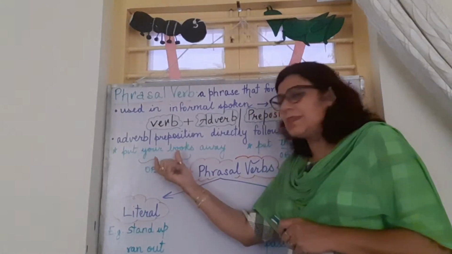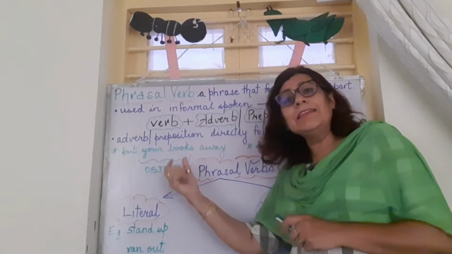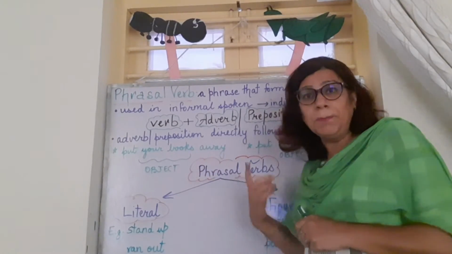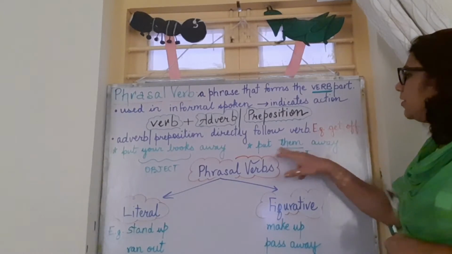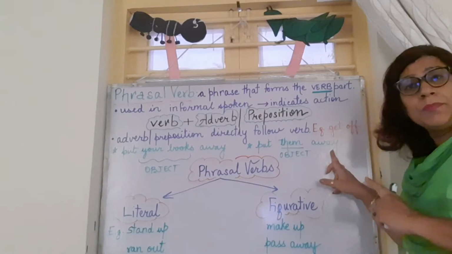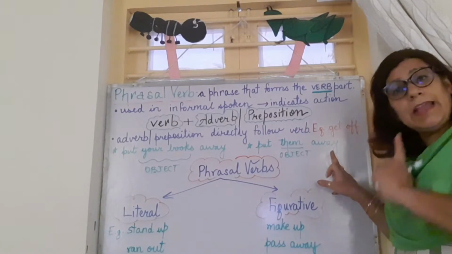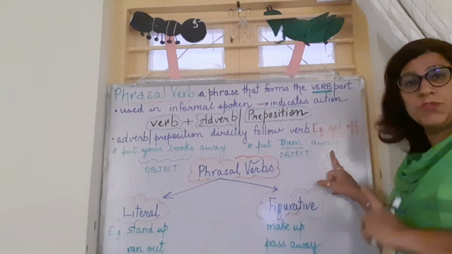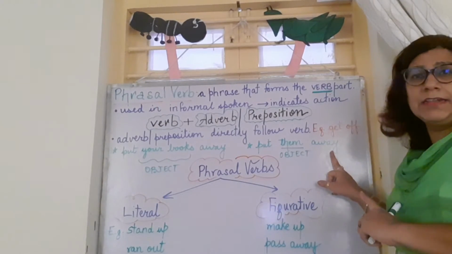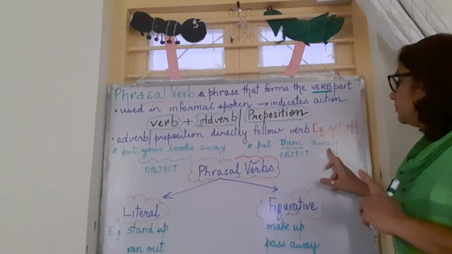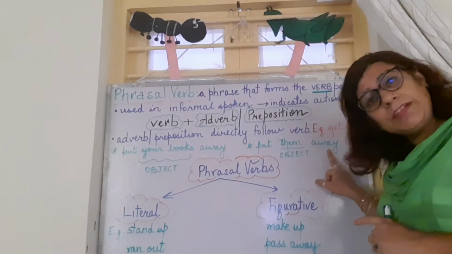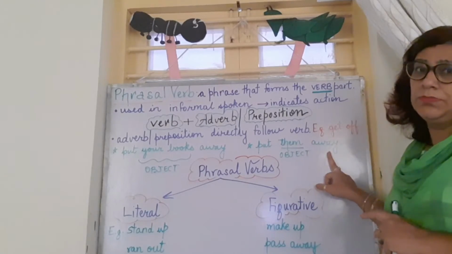Like put your books away is correct, and at the same time put away your books is also correct. But put them away is correct, while put away them, putting the pronoun at the end after the phrasal part, is wrong.